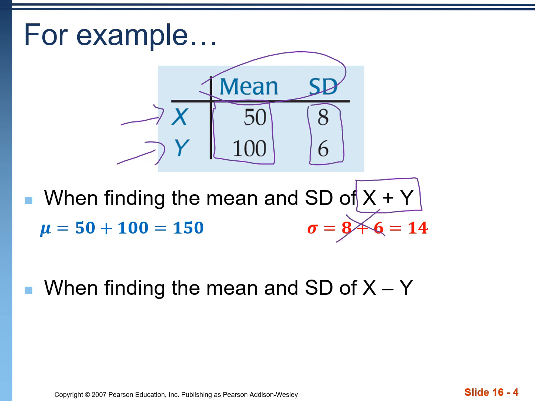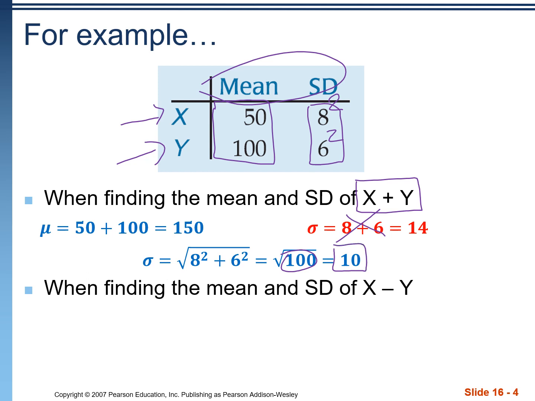That's not allowed. Instead, what we have to do is add the variances of both of these individual random variables. So we find the variance of x, which is 8 squared, add the variance of y, 6 squared. That totals 100, and then we square root the sum of those variances to get the standard deviation of the sum of x and y.